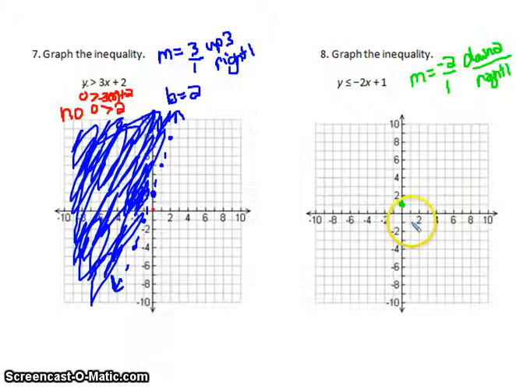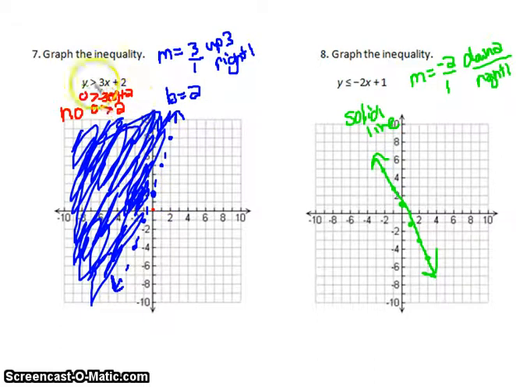So down 2 over 1, down 2 over 1, sorry, up 2, left 1, up 2, left 1. It is a negative slope. It's an equal to, so this is a solid line. This one is a solid line. Sorry for my bad line.